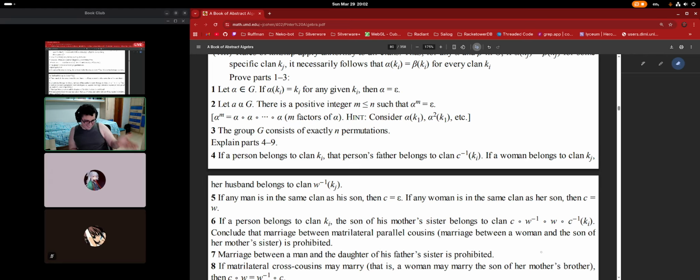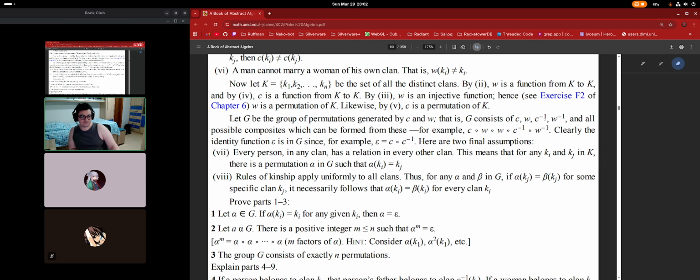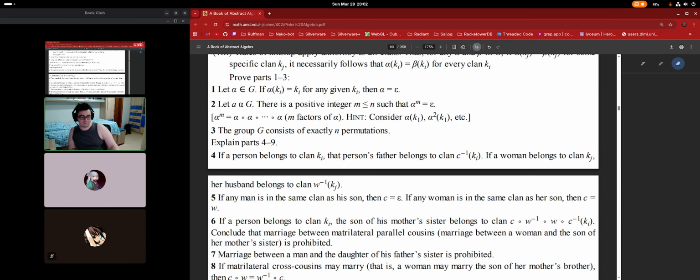Well, it's because this thing is associative, right? But yes, what I'm saying is that there is an arbitrary combination of C's and W's and their inverses that doesn't necessarily. Actually, that's not true. It will always be one of those four because you can associate them in a way. Oh, but this doesn't commute, right?